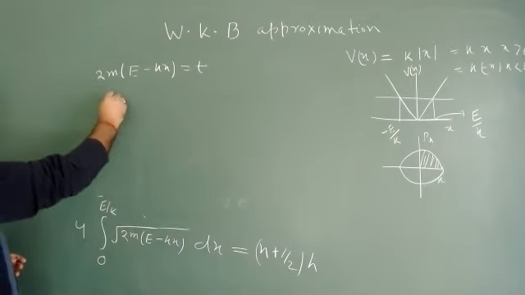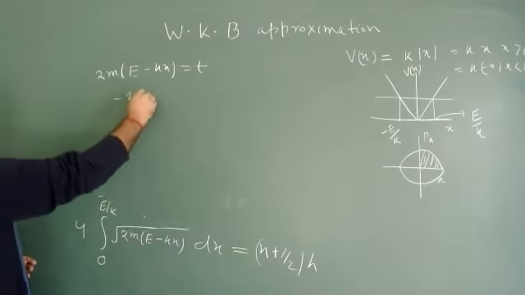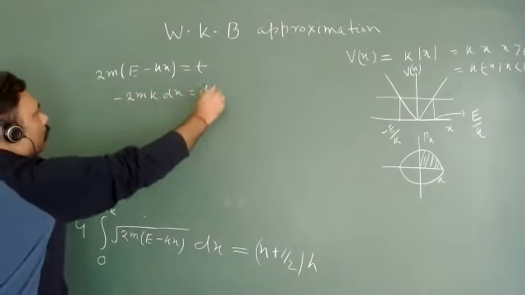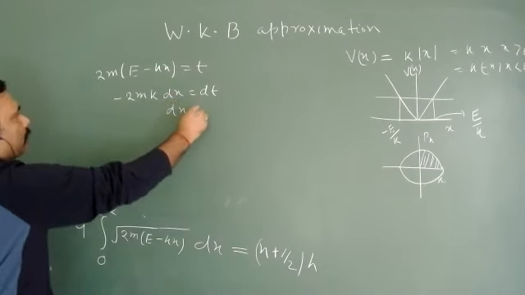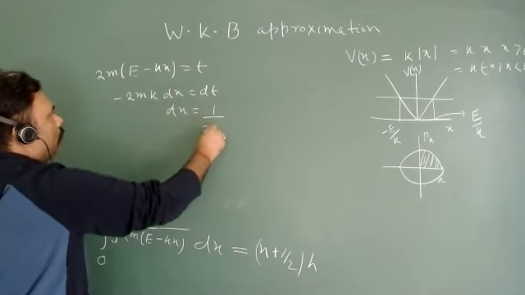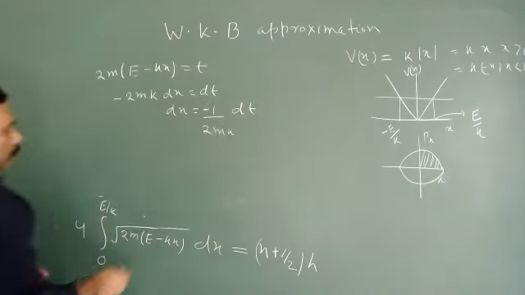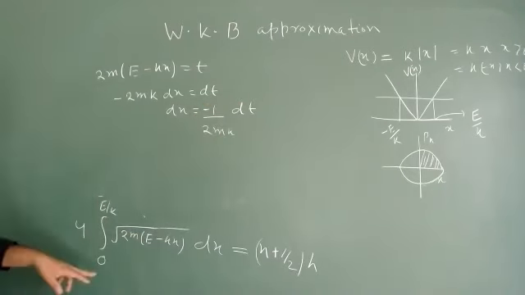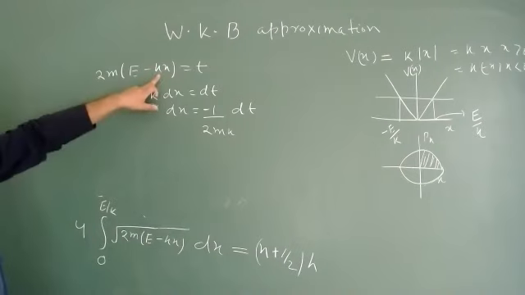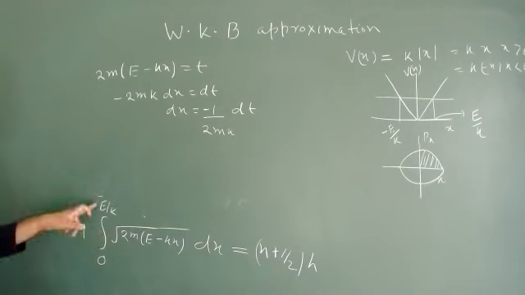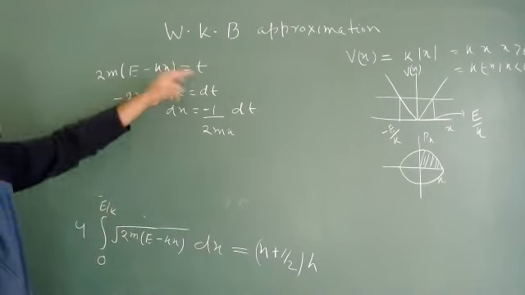Then what will happen? Minus 2mk dx is equal to dt. So dx is equal to 1 upon 2mk, minus sign is there, dt. And if we have x is equal to 0, then t is equal to 2mE. And if x is equal to E upon k, then this value is 0.